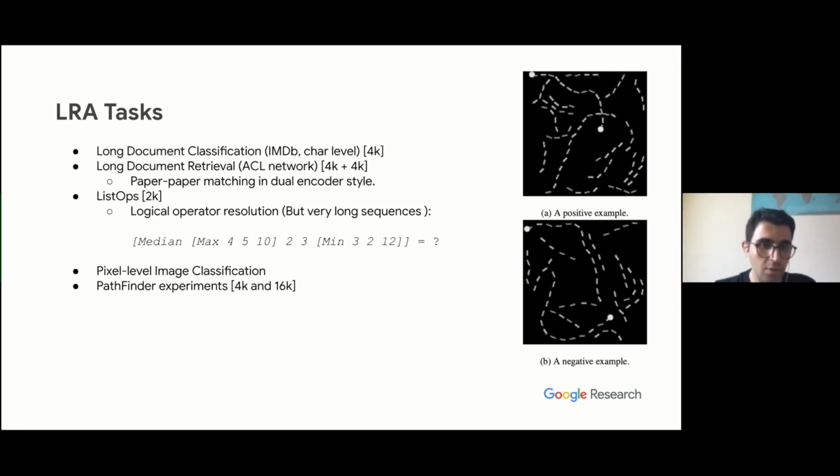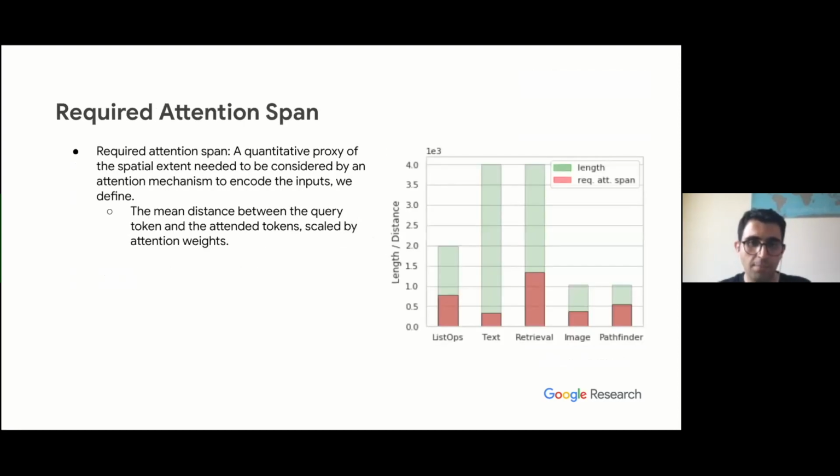Because it's generated synthetically, we had 2 versions of that: one was 1K sequence length, like 32 by 32 pixels, and the other was 16K, which was an extreme version of Pathfinder.